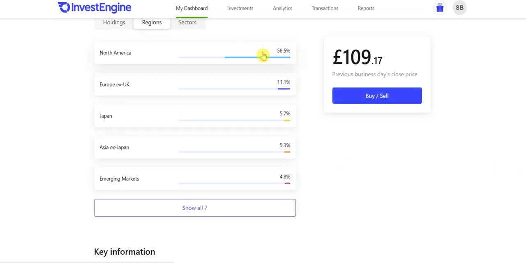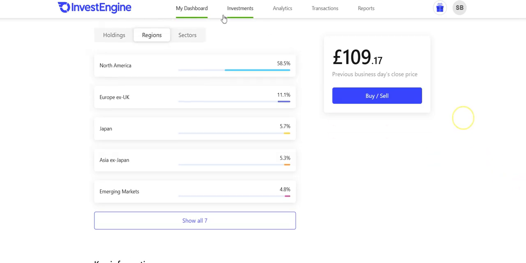So we go to regions. Oh, there we go. I said 50%, 58.5%. Okay, so you can see that there's 11% in Europe, etc. down there, different ones. It is still the bulk of it in America, but that's what goes up, so not surprising really.